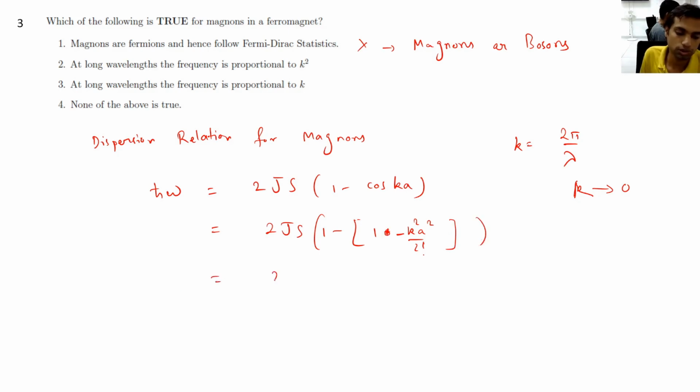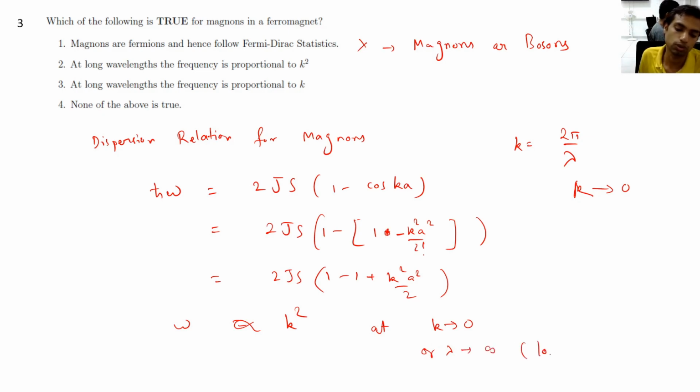So what we'll have is 2JS times (1 minus 1 plus k squared a squared by 2). 1 minus 1 is 0. So here we directly see omega is proportional to k squared at long wavelengths, at k going to 0, or lambda goes to infinity, the long wavelength limit.